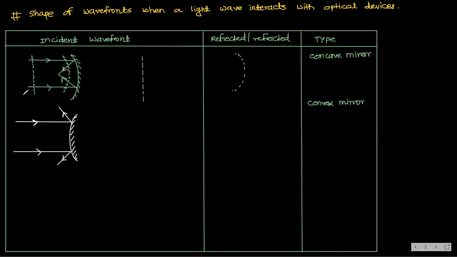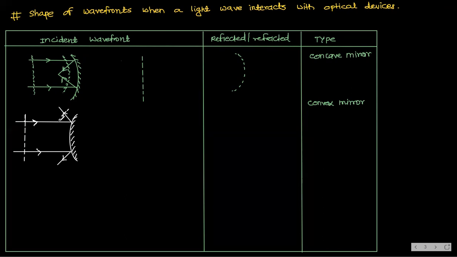Yes, like this. So you see again, you are having the incident wavefront, same like this only, right? Same as in the previous case. And how will it be reflected then? Reflected wavefront, how will it be? Yes, reflected, if you draw, you will get something like this, right? How?